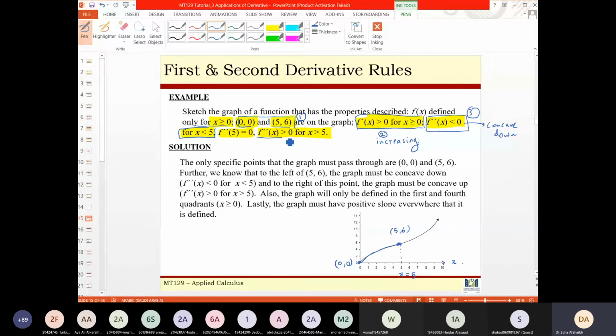And the same thing when x is greater than 5: this is information number 4, the function is concave up. So greater than 5 it's going to be concave up, and this is how the graph looks. You got it? So by just knowing those things I can estimate how the graph looks.